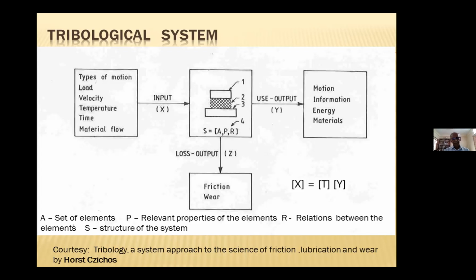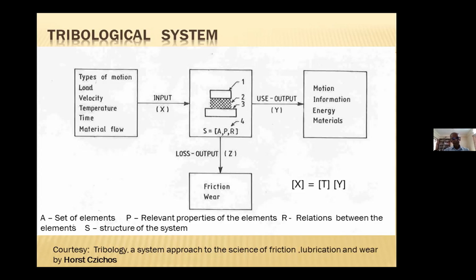If you take a slider crank mechanism, we convert rotating motion to a sliding motion. We may have information if we use certain machines. We may have energy output, and we may have materials again as output. But whatever you do, input and output, there is always a loss output. The loss outputs are two, the friction and wear.